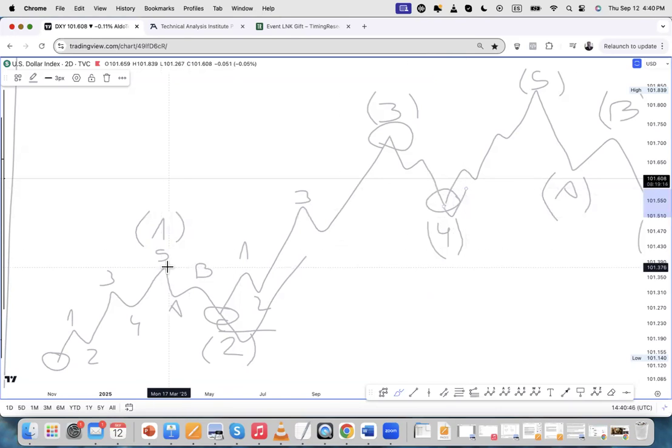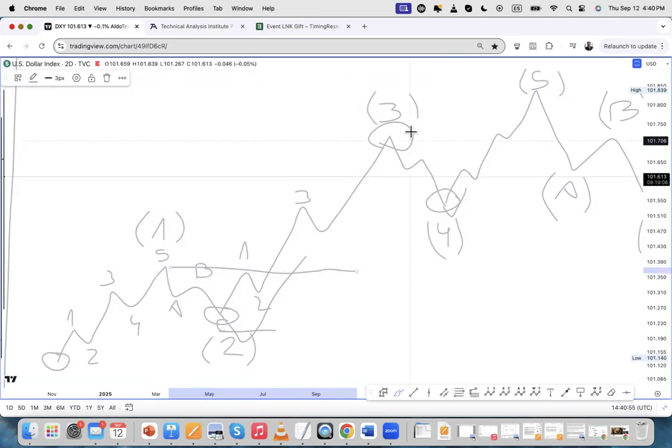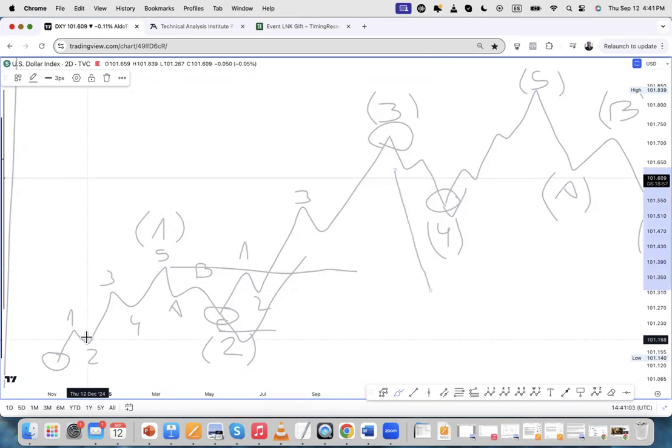The stop is under wave 1. Why? Because it is only then that if the market continues moving down, it will invalidate the sequence, and we can no longer say 1, 2, 3, 4.